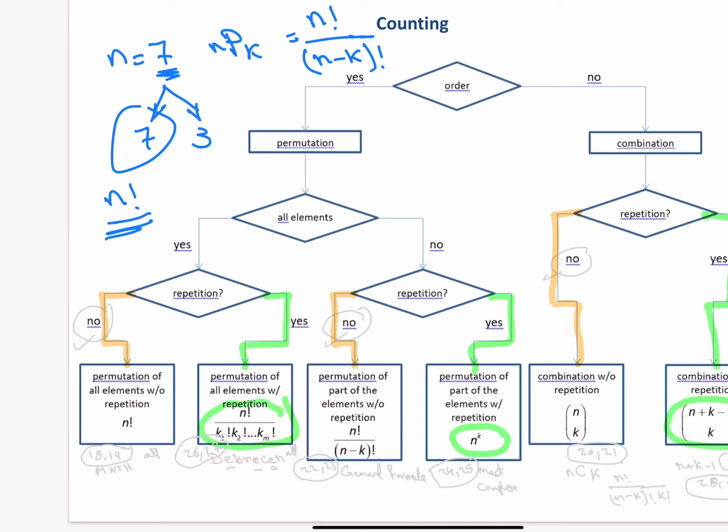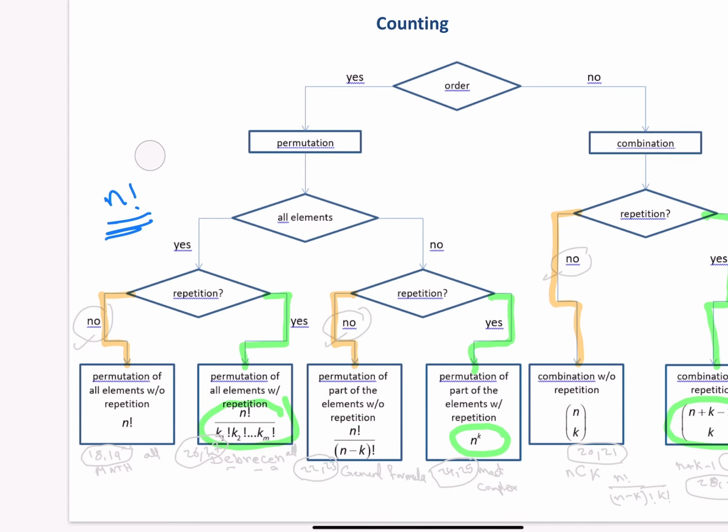Sorry, I'm repeating just to make sure that all the students are catching up and there is nothing unclear. Again, here the order matters, it is permutation. If it is permutation, I have to check if I'm using all the elements. Yes means n equals k. If I'm not using all the elements, the answer is no, which means n and k are not equal, and I will have both of them.